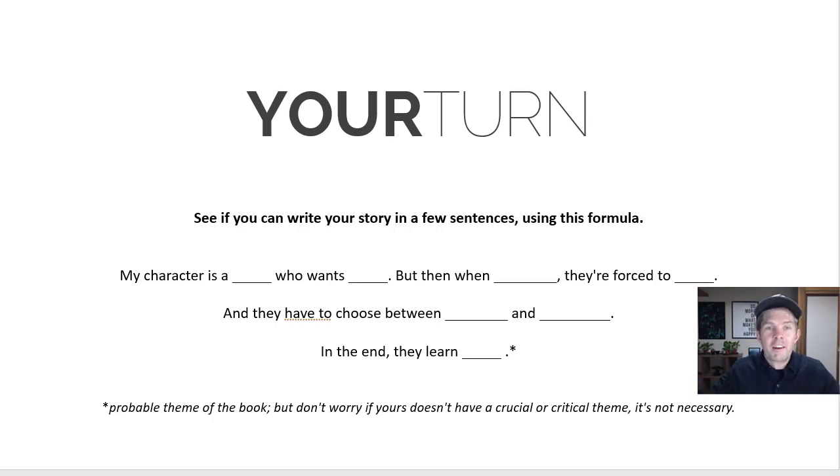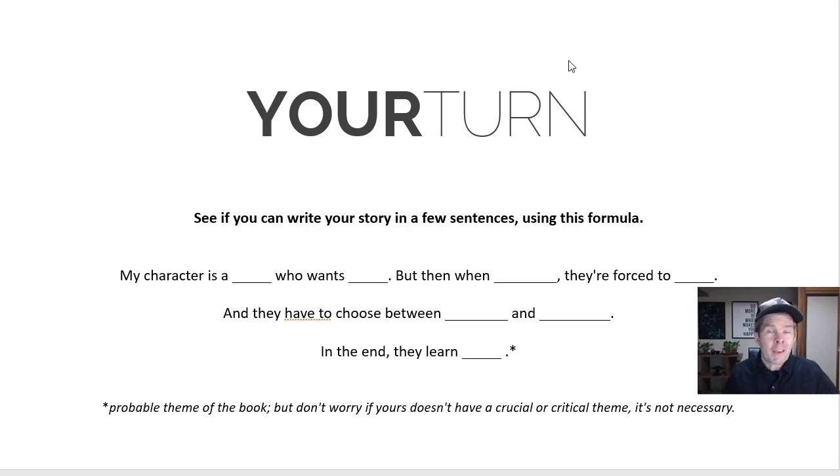There's not a big enough obstacle. Your characters aren't personally motivated. They don't have enough to lose or enough to gain to keep things interesting. So to have a really strong novel, it's important to do some of this work and really figure out your characters and the central conflict.